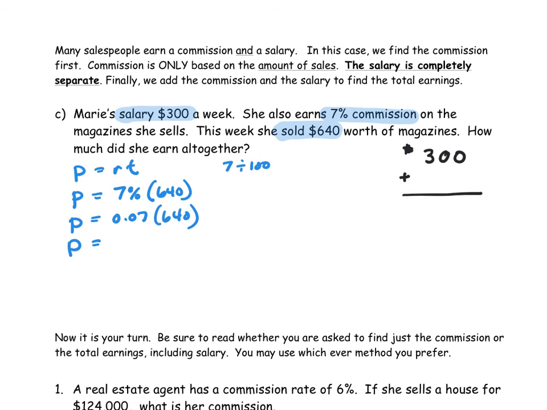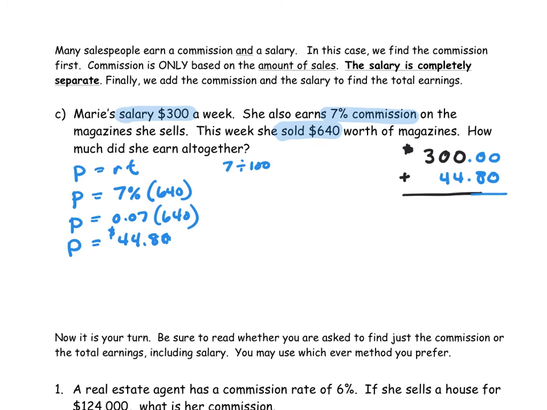So this is what I have, $44, and we need dollars, dimes, and pennies. So we're going to have to attach that 0 in the pennies column. So this is how much she earned. So we're going to now add $44.80. Since this has decimals, we're going to attach decimals onto this if we're going to do it without the calculator.